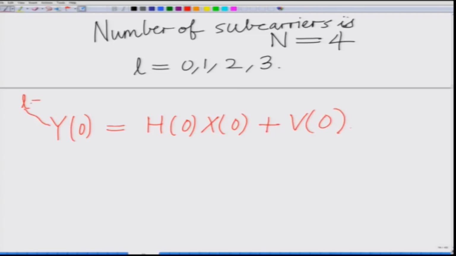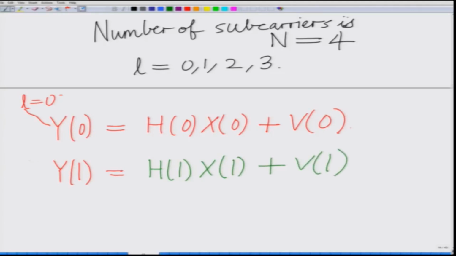This corresponds to subcarrier L equal to 0. y1 equals h1 times x1 plus v1.